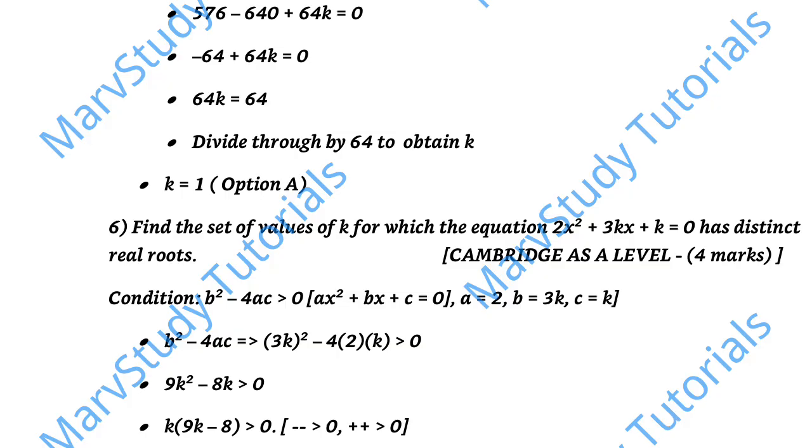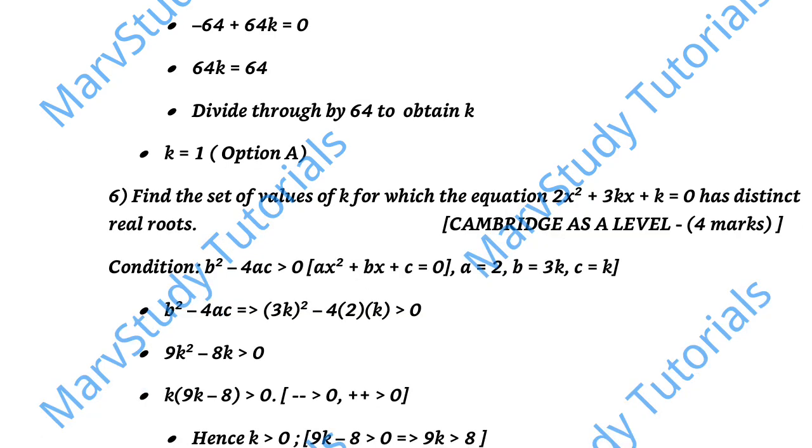So taking the case of k greater than 0 and 9k minus 8 greater than 0. That's going to give us 9k greater than 8, because negative 8 will cross over.